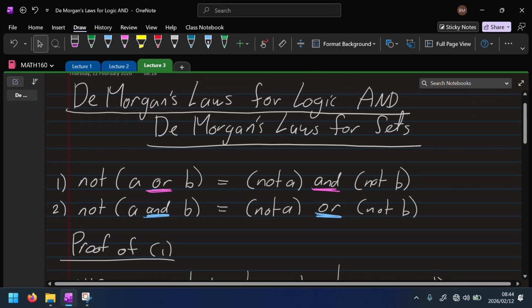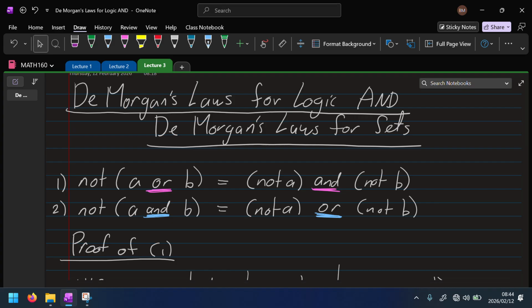For the right-hand side, we're going to need a column for this part with the brackets, a column for this part with the brackets, and then the last column combining those.